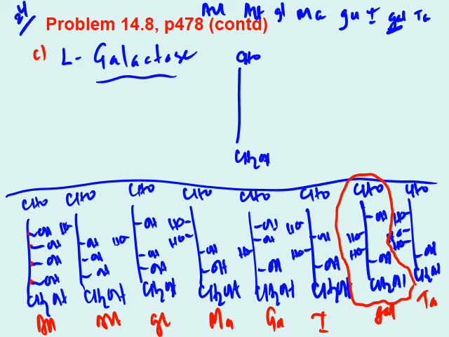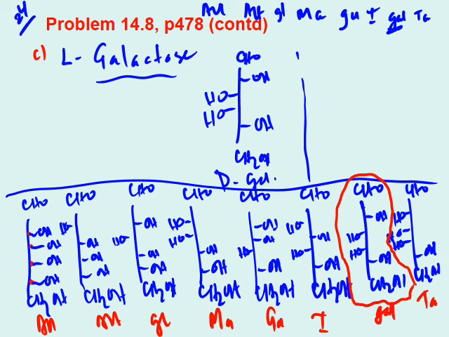I'm just copying what I have already got: OH, and then the other 2 OHs on the left, and then the bottom OH is on the right. So that's D-galactose, and I'm getting the mirror image of that.